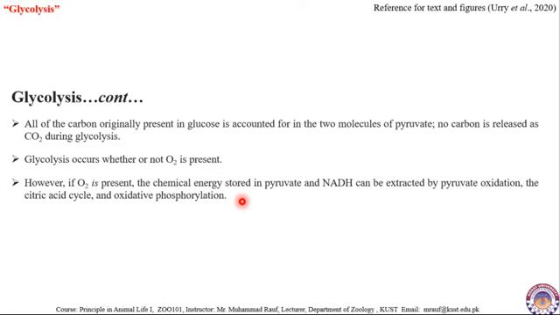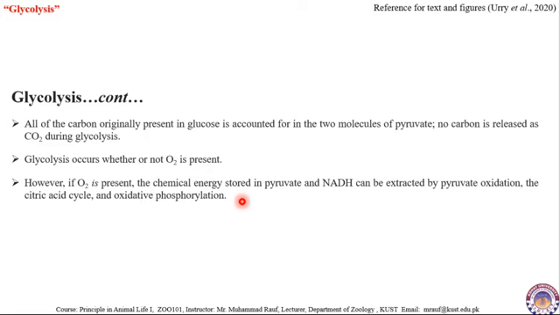So the NAD molecules which were occupied in the breakdown of one glucose molecule need to get rid of these electrons so that they can return into the NAD form, and the cycle continues. So if oxygen is available, then this pathway will enter into the Krebs cycle and electron transport chain, and if oxygen is not available, then there will be fermentation.